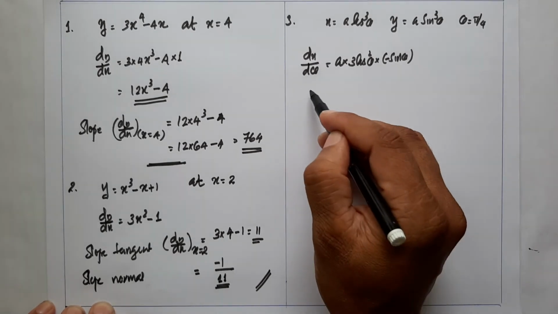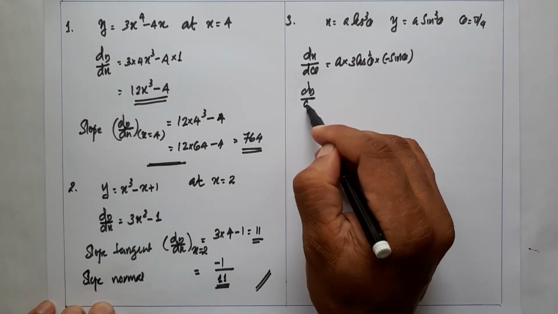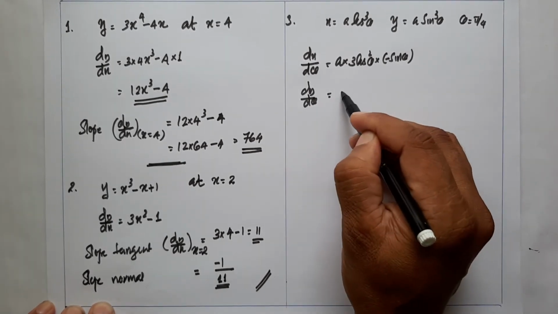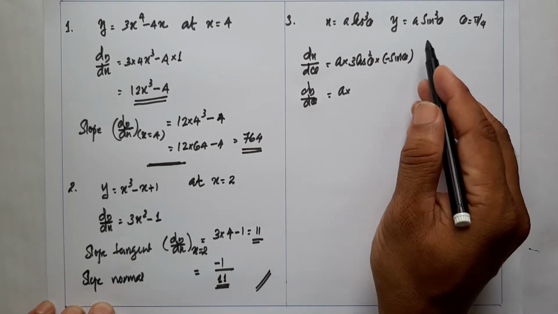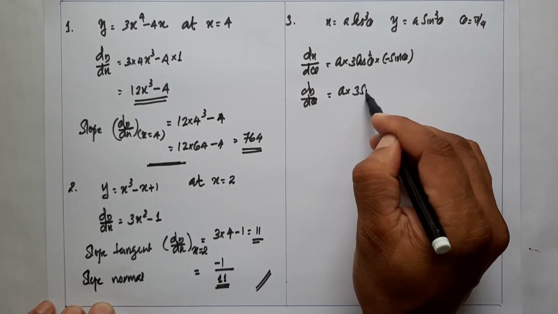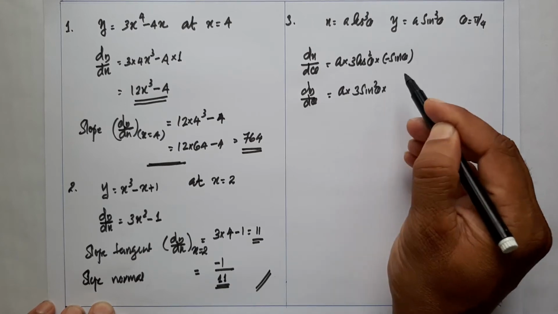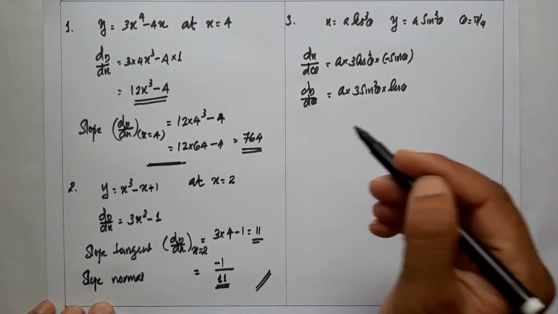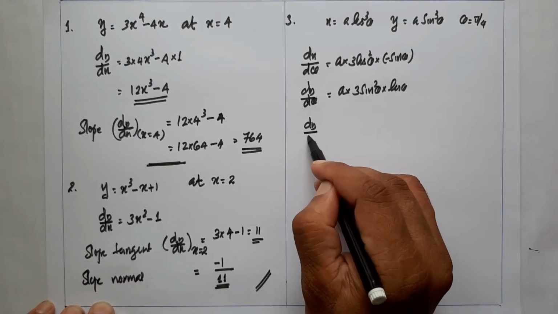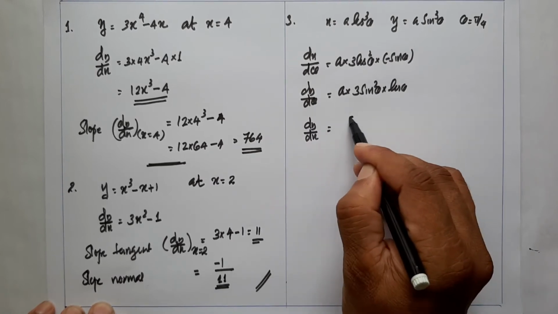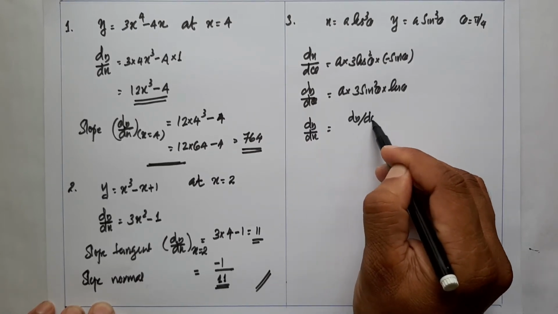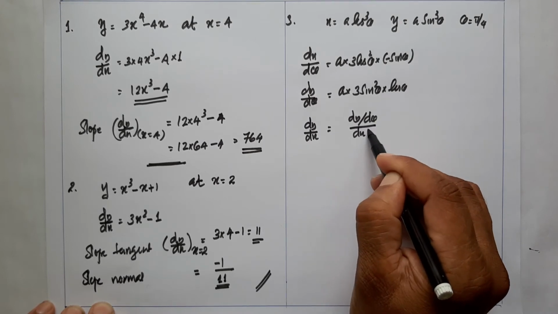Then dy by d theta is equal to a into sin cube derivative, that is 3 sin square theta into the derivative of sin theta, which is cos theta. And therefore dy by dx is equal to dy by d theta divided by dx by d theta.